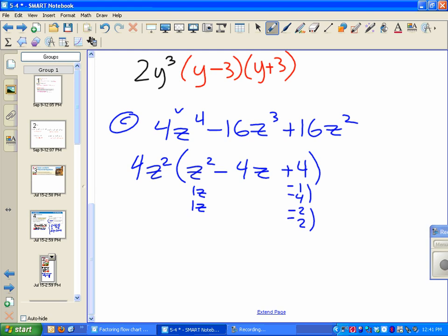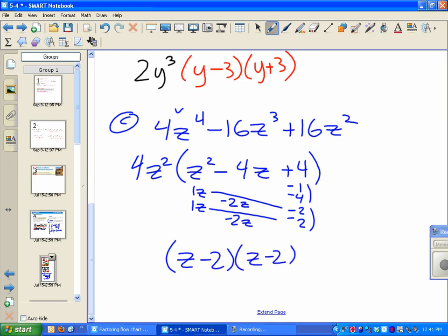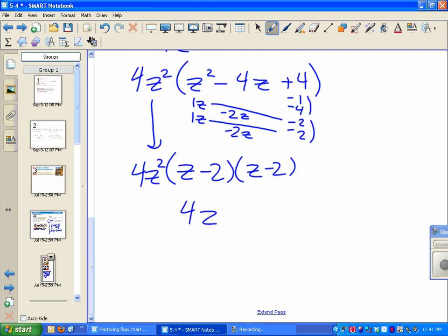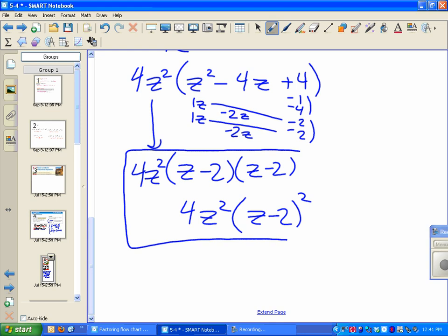And so this would be negative 2 and negative 2, so we'll rewrite that as z minus 2 times z minus 2. Don't forget about your GCF, so 4z squared. You can also write that as 4z squared times z minus 2 quantity squared. Either answer would be fine. Just don't forget about your GCF.